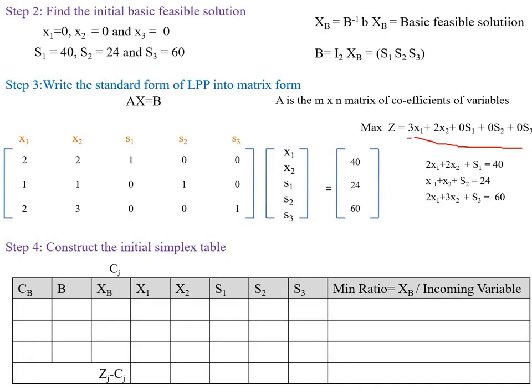Here 3 is the cost coefficient for the decision variable x1, 2 is the cost coefficient for x2, and 0 is the cost coefficient for each of the s1, s2 and s3 slack variables. So first we have to fill all the Cj values. For x1 it is 3, for x2 it is 2, and s1, s2, s3 are 0.